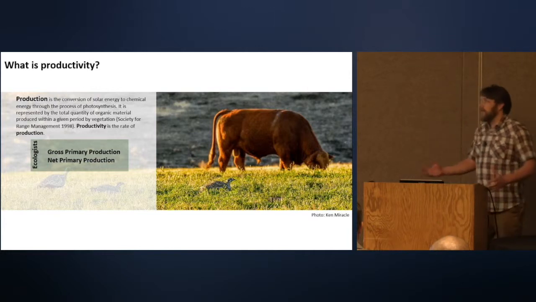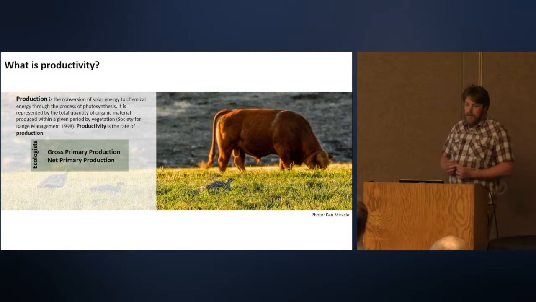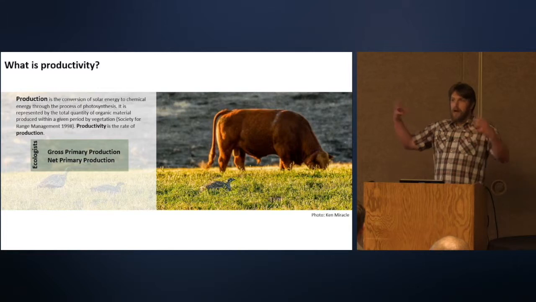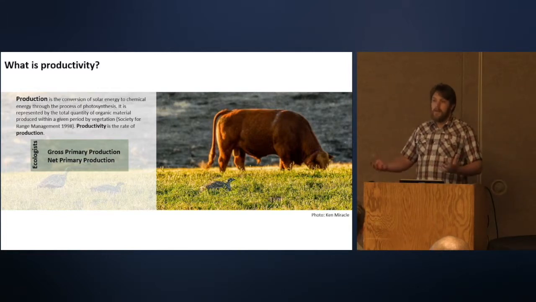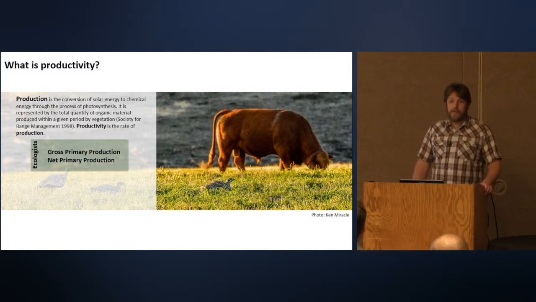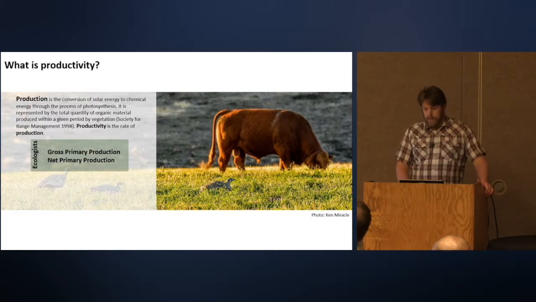Ecologists like to think of it as gross primary production and net primary production. And these are essentially very similar things. Gross primary production is how much carbon is taken out from the atmosphere and into plant matter, while net primary production is that minus what's lost due to respiration. So that's what our models are built off of.